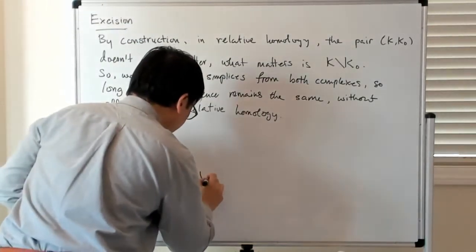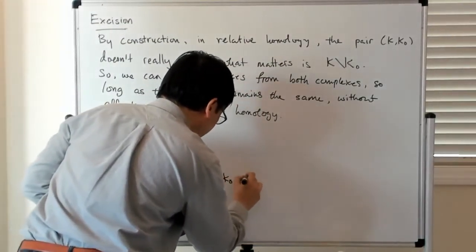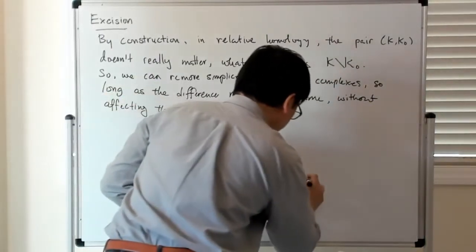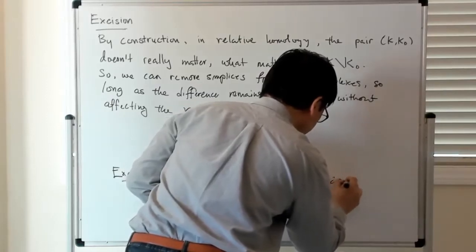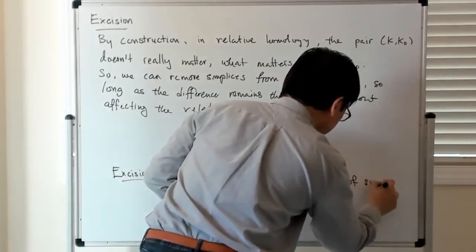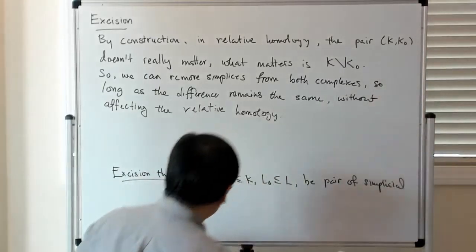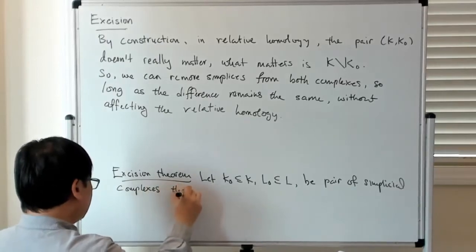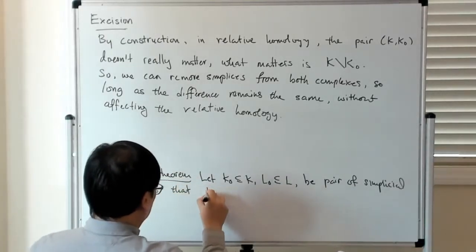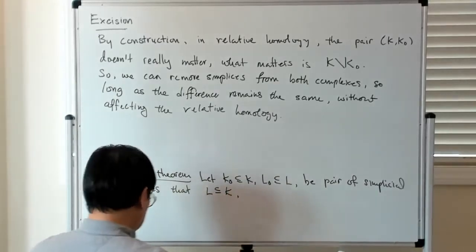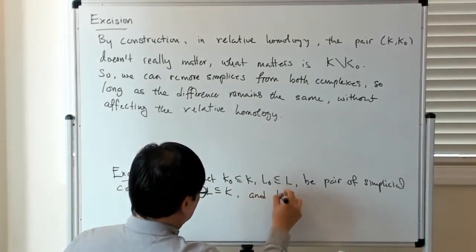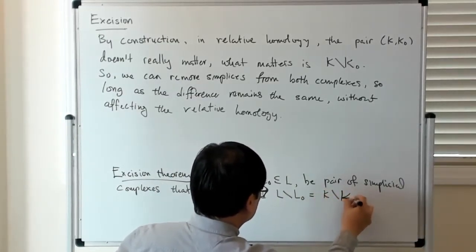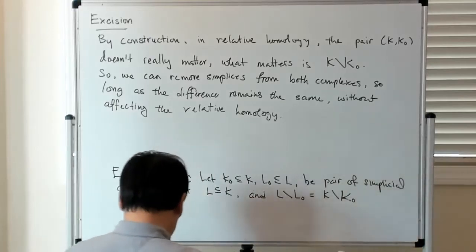Let's say that K0 is contained in K, L0 is contained in L, be pairs of simplicial complexes that have the following property: L is contained in K, and L excluding L0 is equal to K excluding K0.